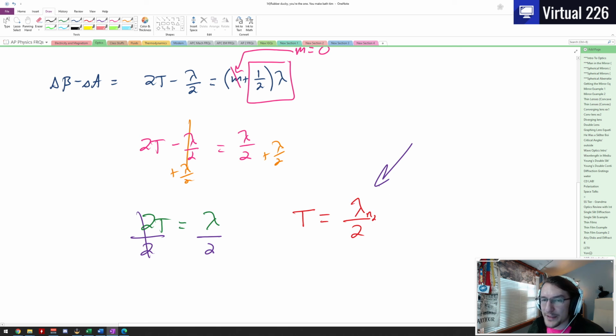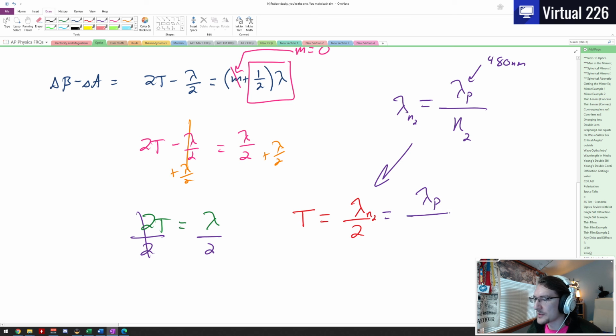What this means is that if you're in the medium, you need to switch your wavelength. Your wavelength in that medium, the bubble, is going to be equal to your proper wavelength, that's your wavelength in a vacuum, the 480 nanometers, divided by the index of refraction in that medium, in the bubble. So in our case here, we could write this as wavelength proper divided by 2 and 2.